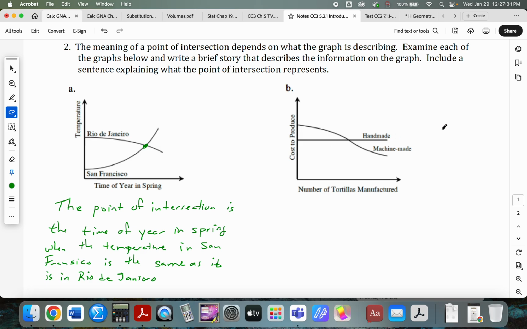So let's look at this next one. So we're looking at a graph. The horizontal axis tells us the number of tortillas manufactured. And this is the cost to produce. And one of the things that drove me crazy about this one is they left off part. It's the cost to produce per tortilla.